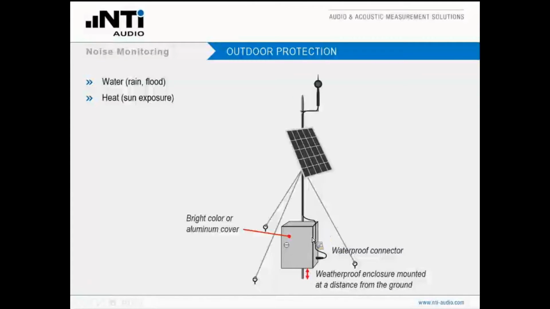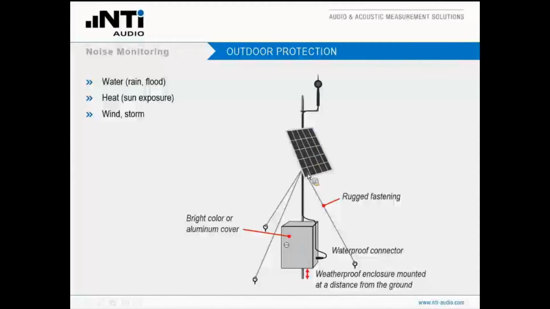Next, your noise monitor is probably exposed to sunlight, and that can result in pretty high temperatures inside the box. And in order to cope with that, to keep that heat inside as low as possible, you should use a bright colored box or even an aluminum cover. I will show you a concrete example just in a minute. Next point, wind, strong wind, storms.